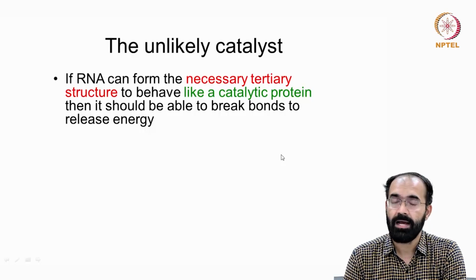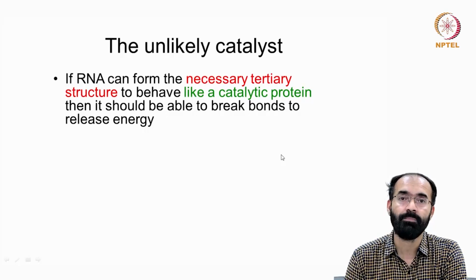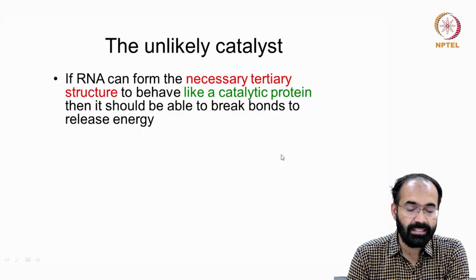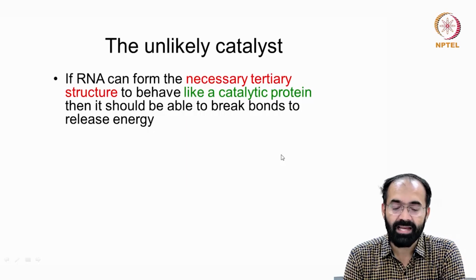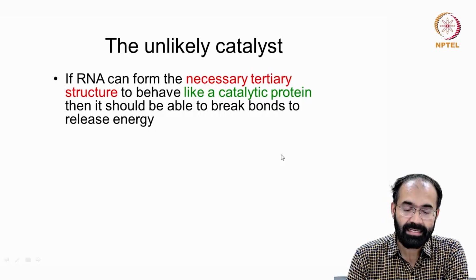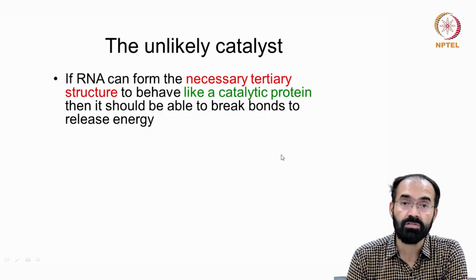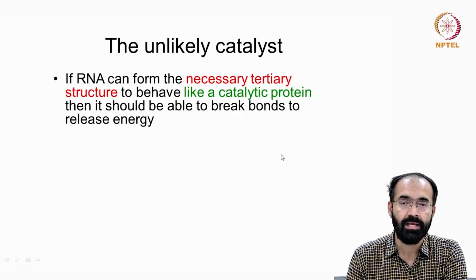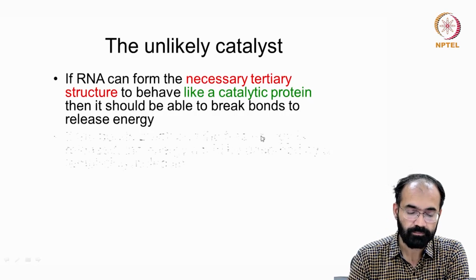Now the question is, are this random folding and the random function going to be beneficial for the survival of this molecule? So they have to have a necessary tertiary structure to behave like a modern day catalytic protein, and then it should be able to break the bonds to release energy, because to perform a task you need energy. Either it should be a physical energy or it should be a chemical energy.